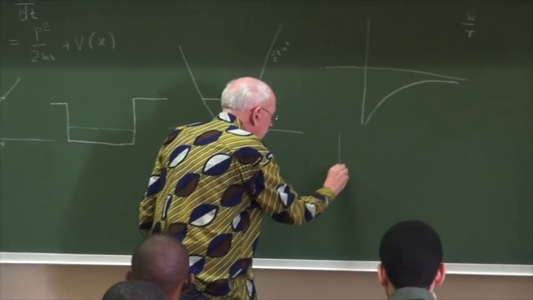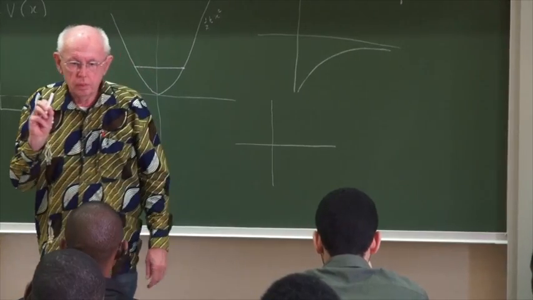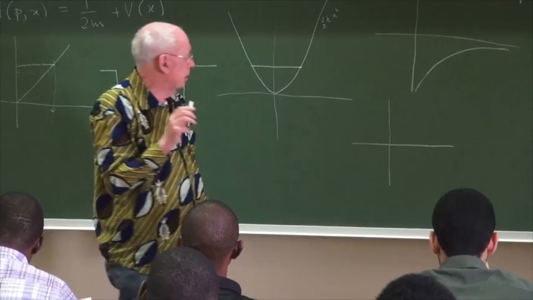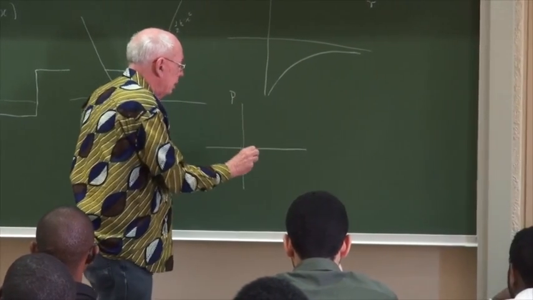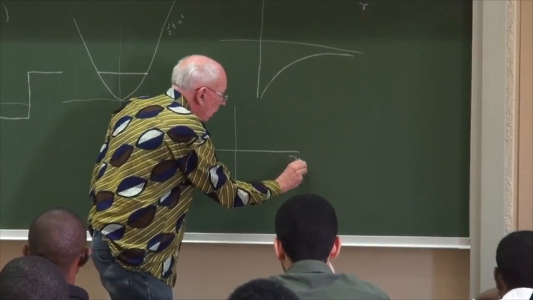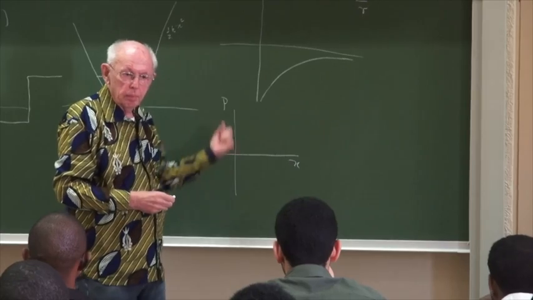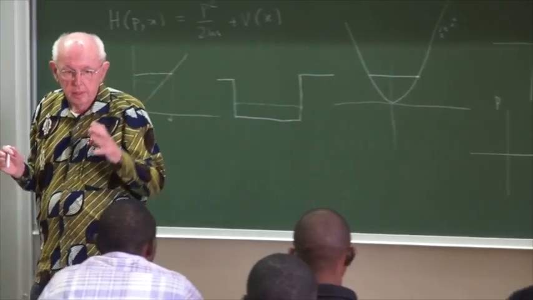And we introduced something which we call phase space. That is the space in a 1-dimensional problem which has x in this direction and p in that direction, and that we call phase space.